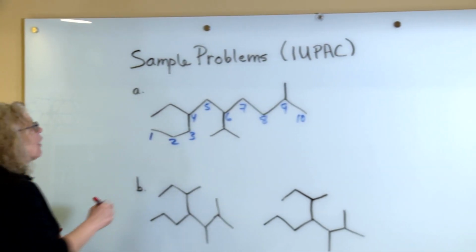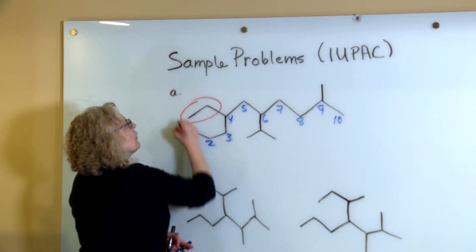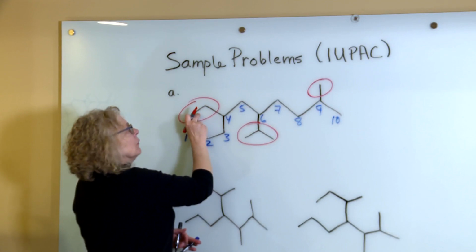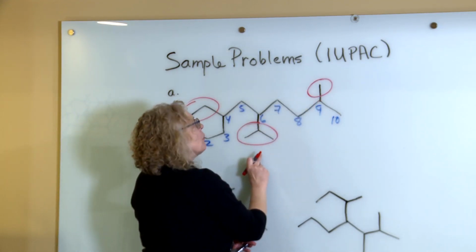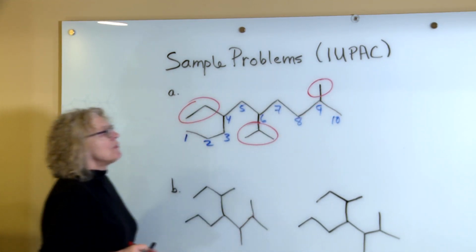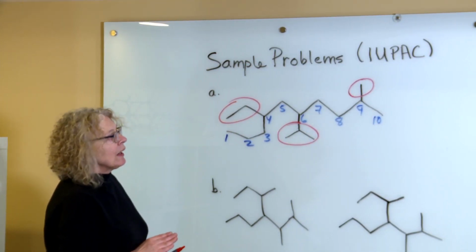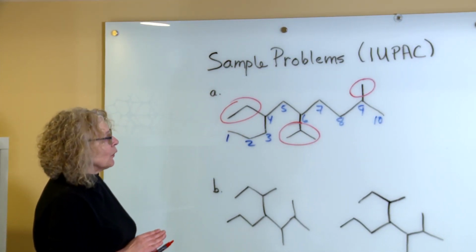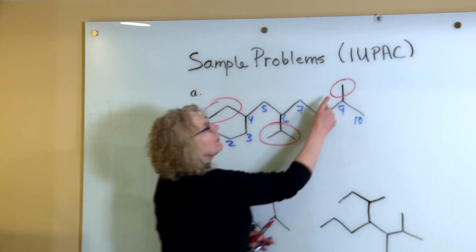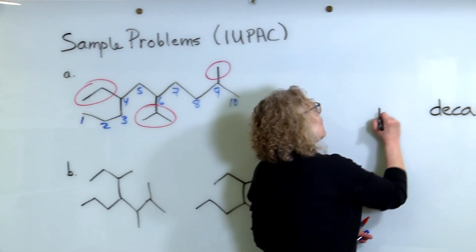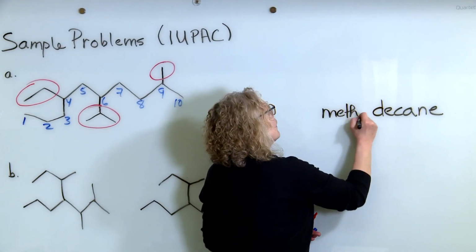Next, as we always do, we circle the substituents. So we have an ethyl, we have an isopropyl, and we have a methyl substituent. So we need to put those three substituents in alphabetical order. The last in alphabetical order is the methyl, so we run the name of the methyl right into the name of decane.